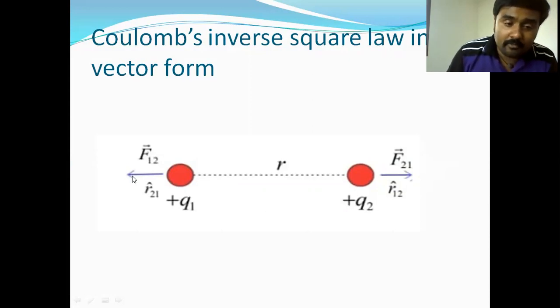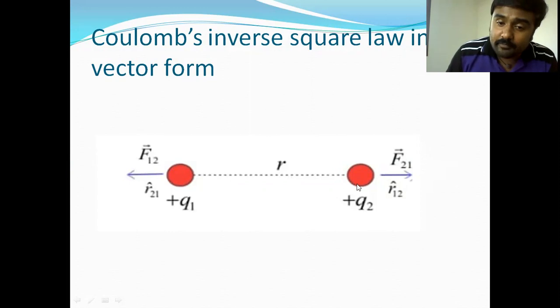The direction is determined by the unit vector R21 cap, whose magnitude is 1. The direction is Q2 to Q1. This one is the action.